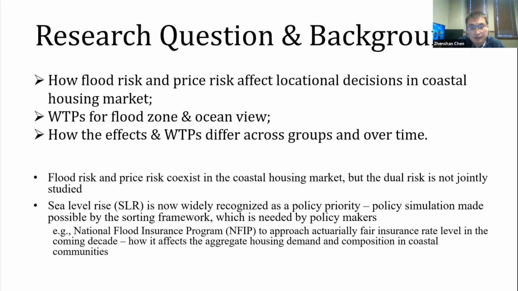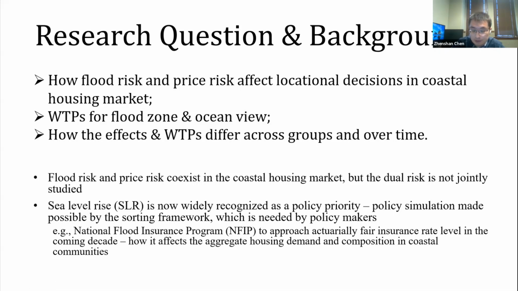So there are 2 factors that make this topic interesting and important. The first is that flood risk and price risk coexist in the coastal housing market, but the dual risk is not jointly studied, or even separately they're not really well studied. The second thing is, as we all know, climate change and sea level rise are now widely recognized as a policy priority. So policy simulations would be needed by policymakers now or in the very near future.